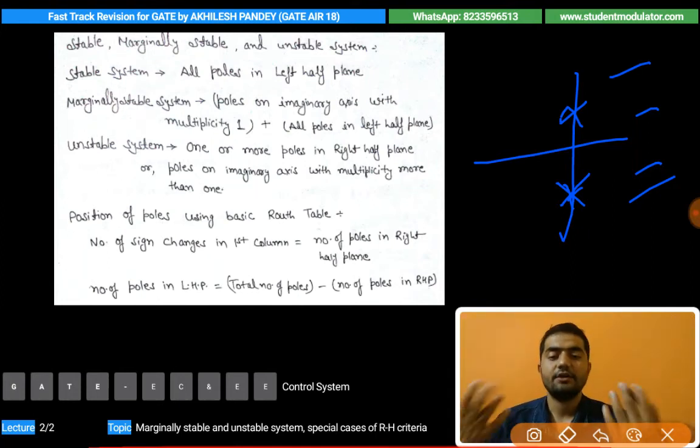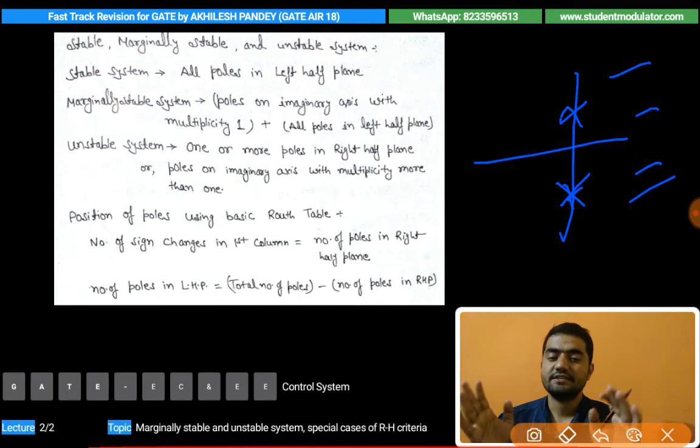That will also cause instability. So instability can be in two manners: either a single pole in the right half plane, or all poles in the left half plane but poles on the imaginary axis having multiplicity more than 1.